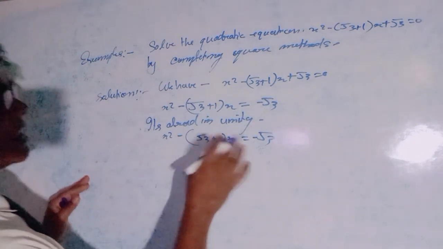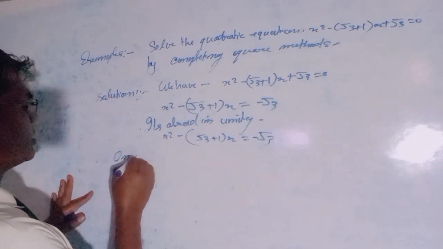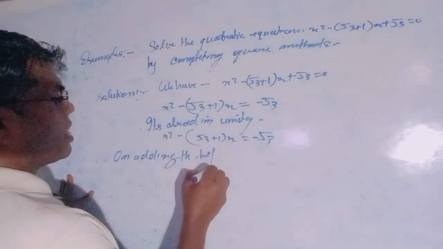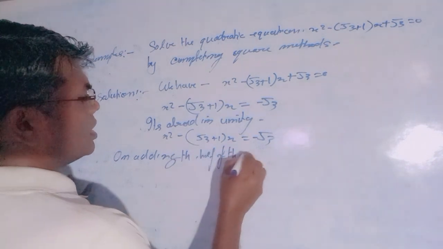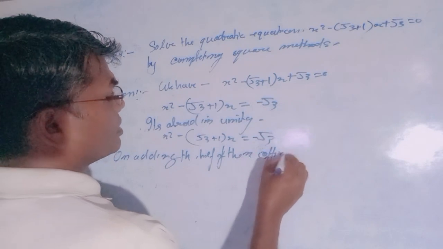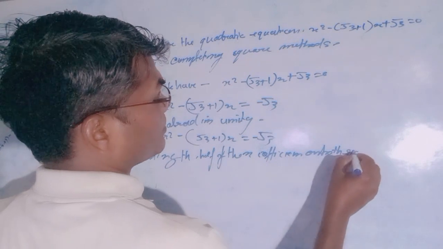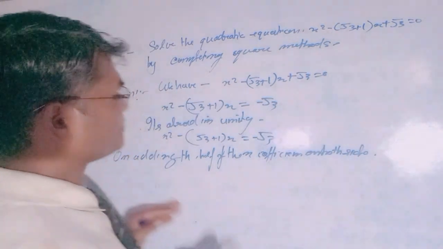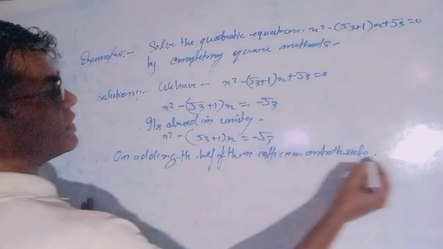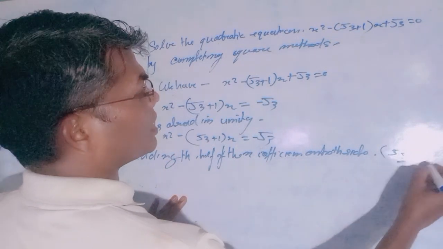Now, in the next step, we add the square of half of the x coefficient on both sides. Half of the x coefficient is (root 3 plus 1) by 2.